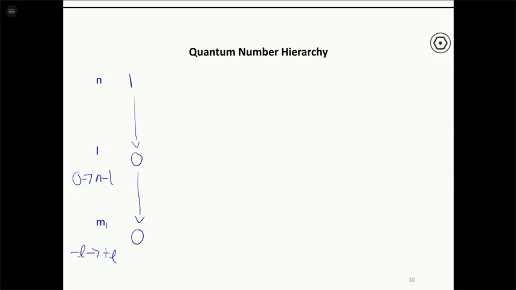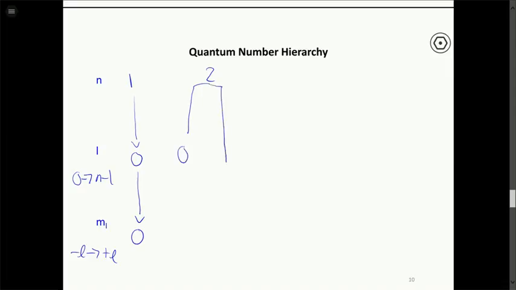Now if n is 2 instead, so if we go to the second shell of an atom, or the second level, n equals 2, now for our values of L, we have two possibilities. So the smallest value is still 0, but then we also have n minus 1, so 2 minus 1 is 1, so we have the allowed value that is also 1. So for n equals 2, we have two values of L, 0 and 1.